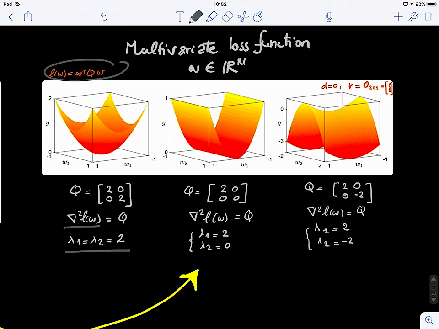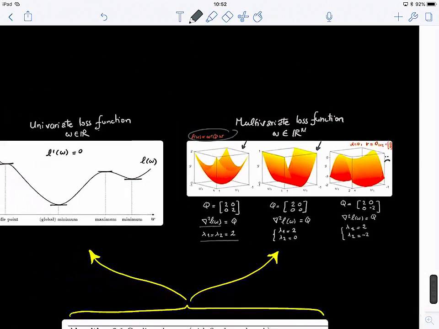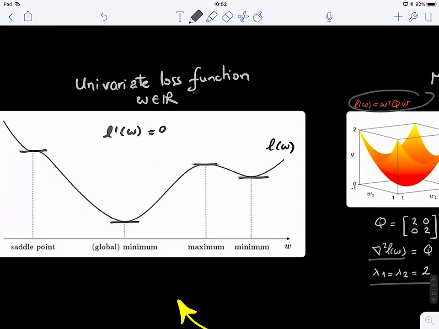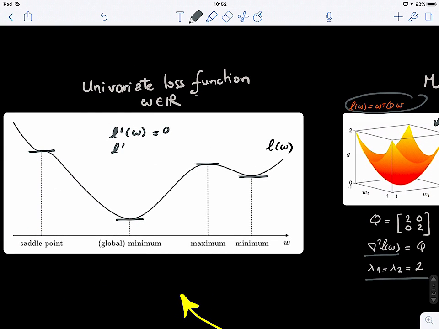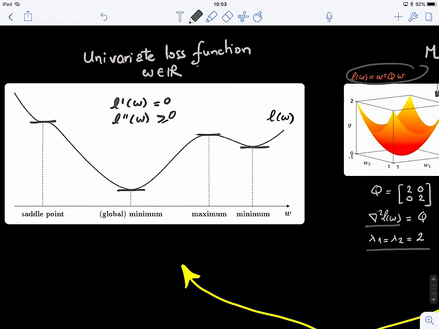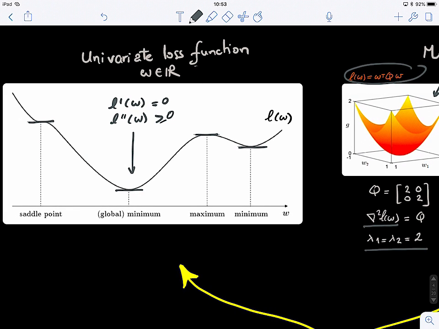This is our Hessian matrix, and you can see we have a very nice convex function when they're both positive, and here they're negative, so this is not convex, okay? Right, and here we know that if we want to find the minimum, the second derivative should be positive. Okay, so that's our minimum, and here too. So second derivative is positive.